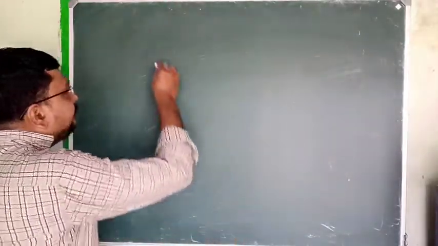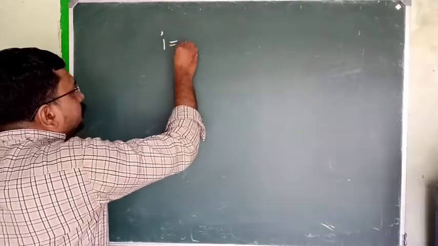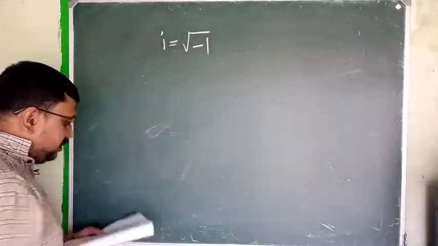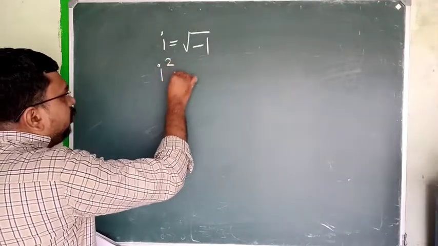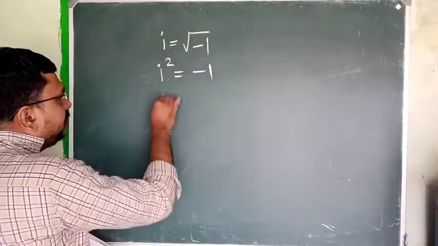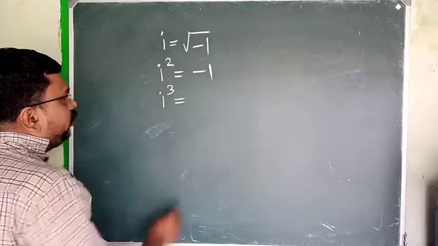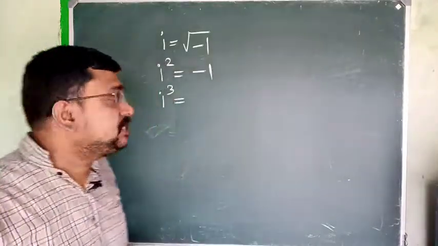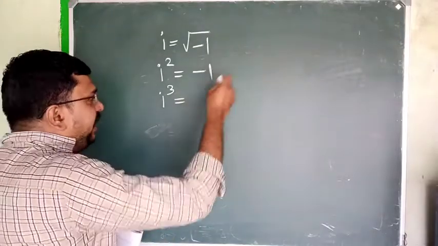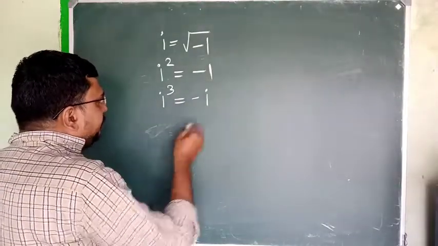We know that i equal to root minus 1. Therefore, i square equal to minus 1. i cube equal to i square into i, that is minus 1 into i, that is minus i.